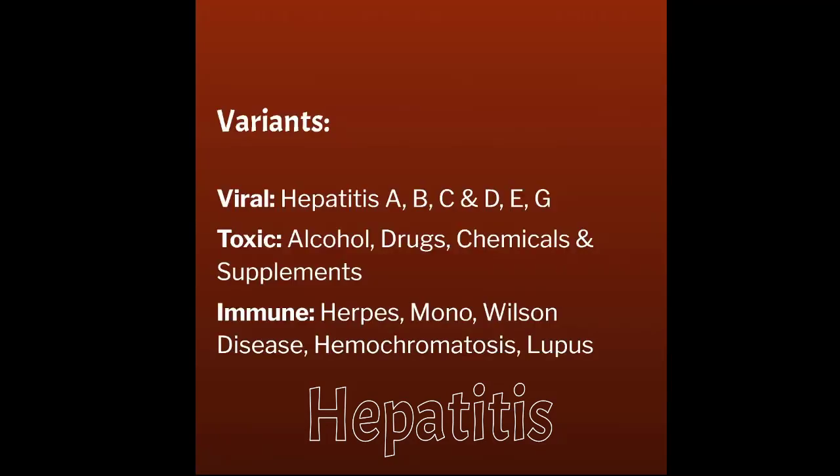Now, hepatitis actually comes in a lot of variants, and it's not really in the scope of ultrasound to diagnose any of these variants by ultrasound, but it is always good knowledge to have in your pocket. Viral hepatitis is probably the most common form, and even more so A, B, and C. Hepatitis A, B, and C are the most common forms that we will encounter in the ultrasound department.